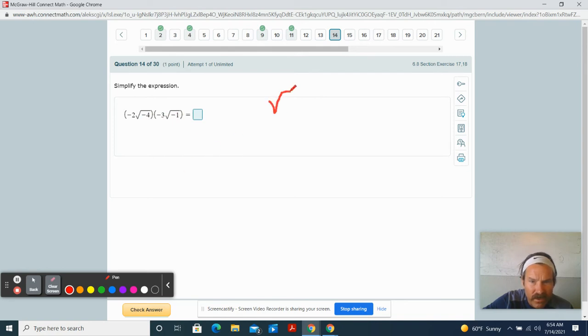This rule here, square root of a times square root of b equals the square root of a times b, only holds true for non-imaginary numbers. Like if you multiply this negative 4 times this negative 1, you make a positive 4, which isn't imaginary. And this has definitely got some imaginary solutions.